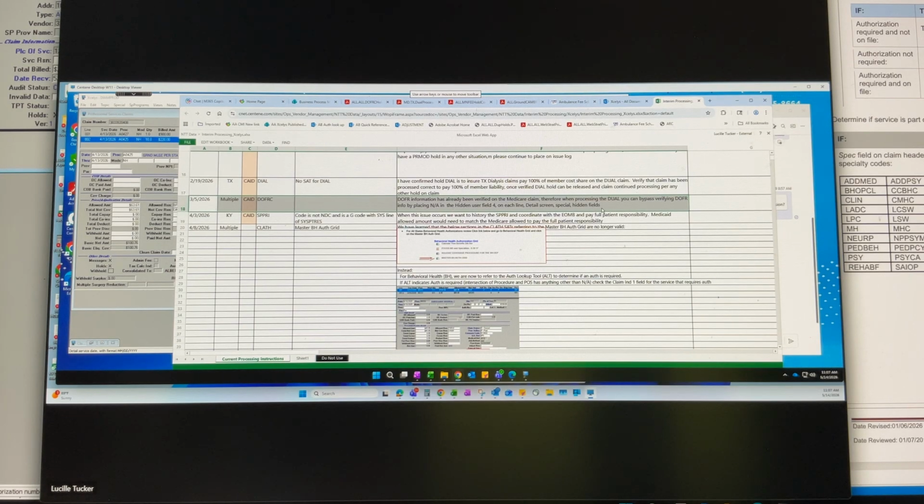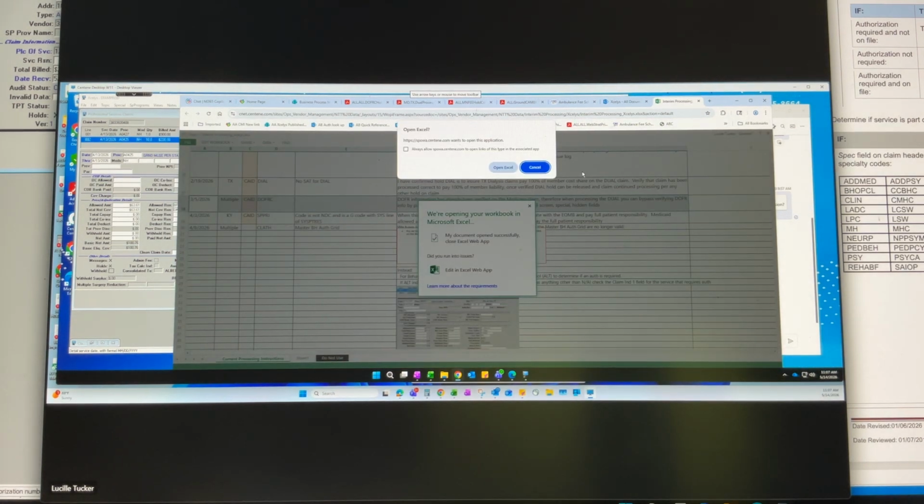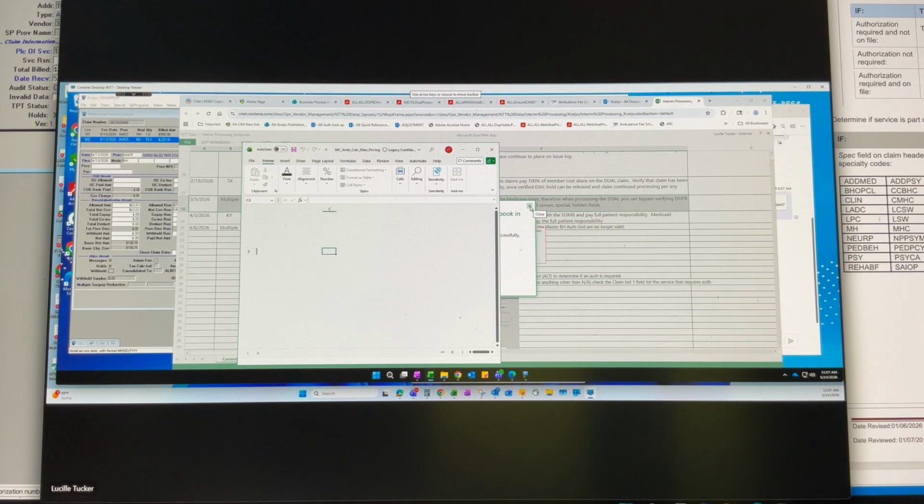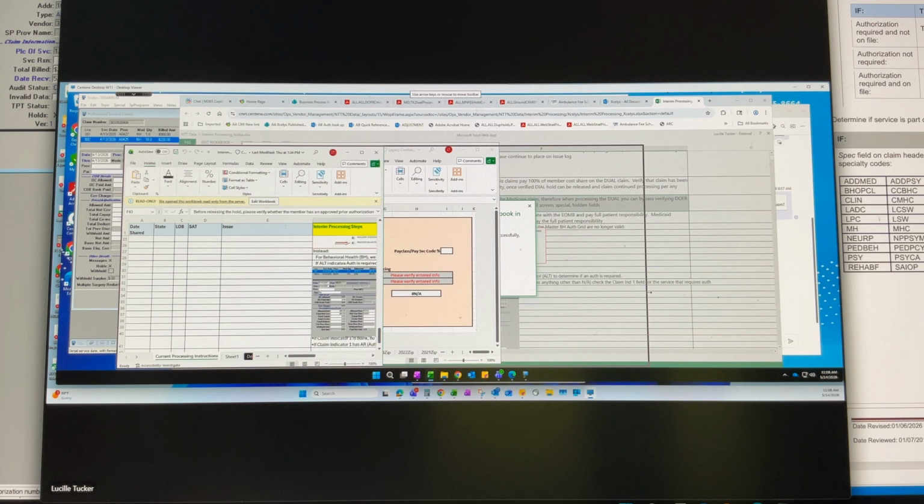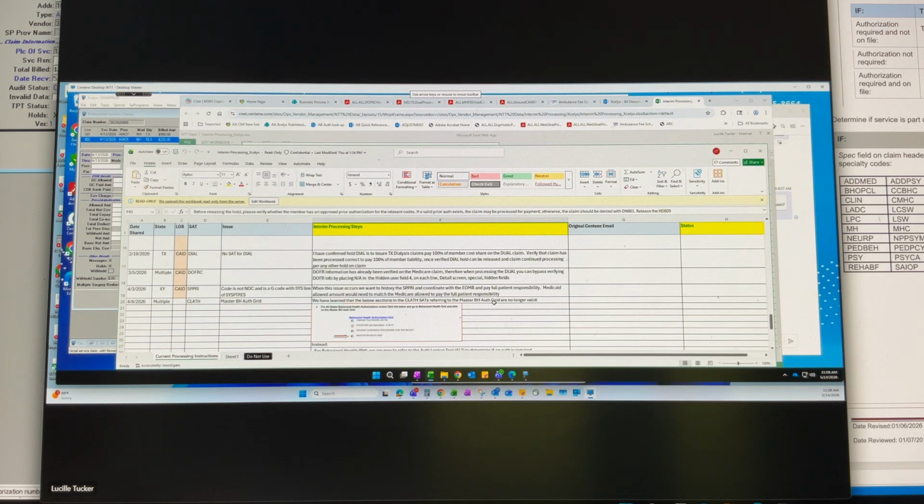Not gonna let me copy this. Okay. Let me paste this.